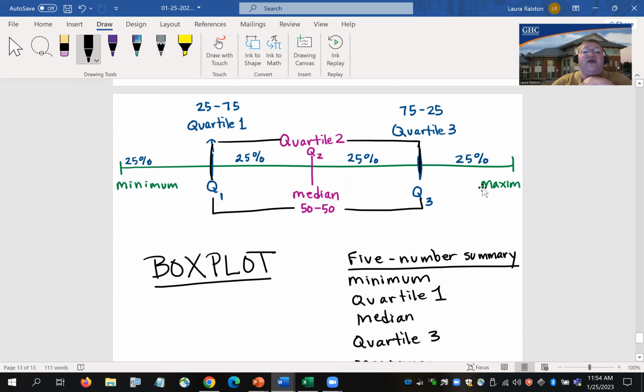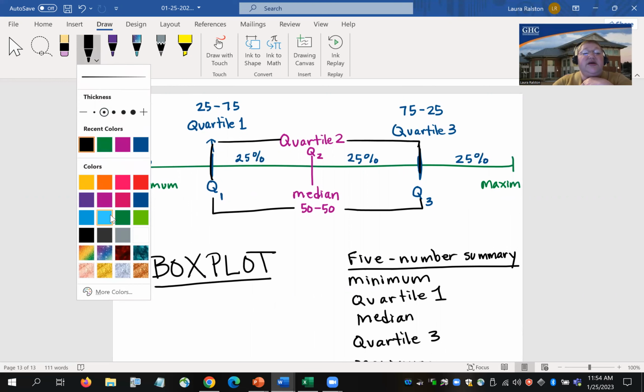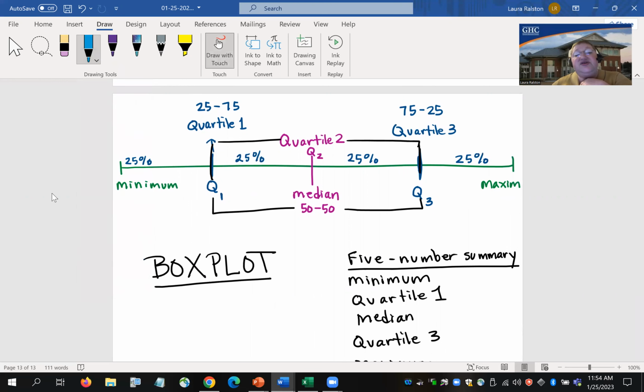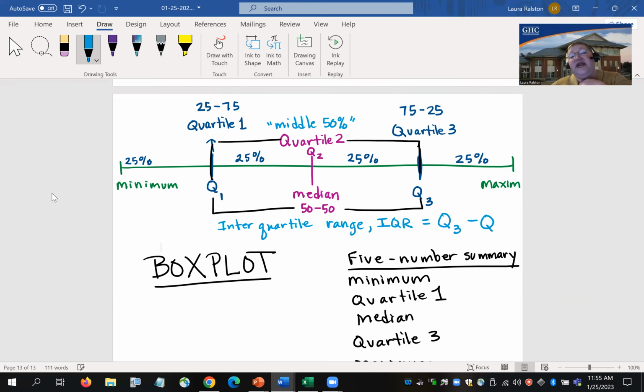The area that the box is around is called the interquartile range, abbreviated IQR, and it represents the middle 50% of the data. Formula-wise, it is Q3 minus Q1. Minitab is going to do that calculation for you, but it gives you a visual of that 5-number summary.